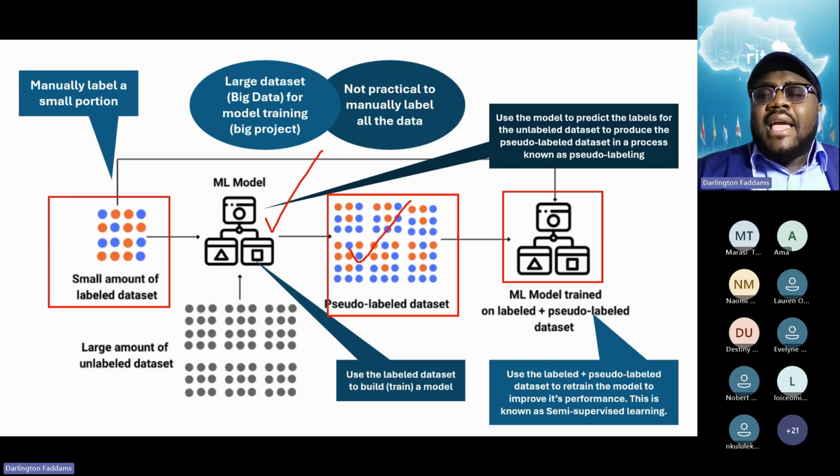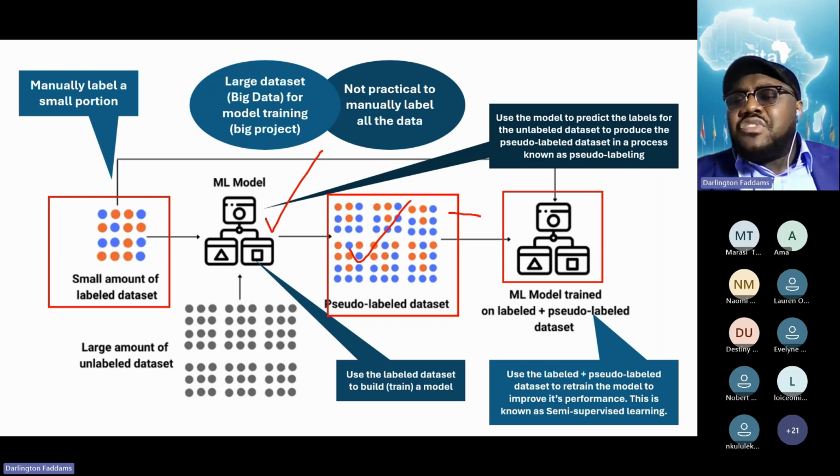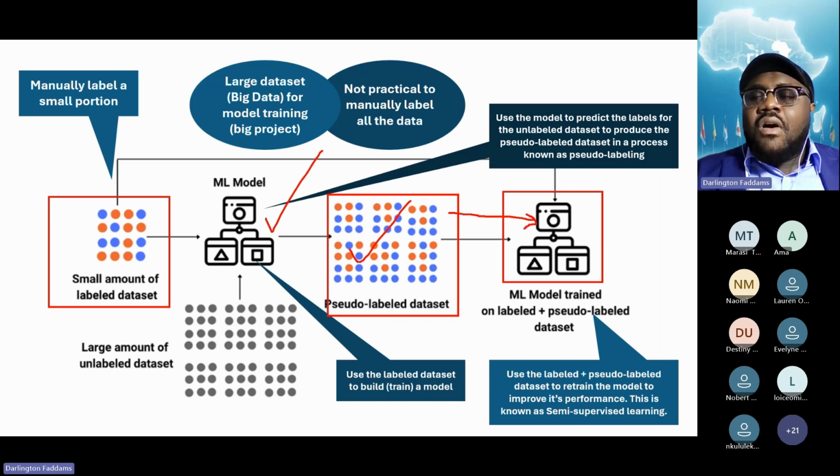We combine them and we use all of them to now train the model or retrain the model or fine-tune the model or improve the model. At the end of the day, the model has now become super intelligent and it can now classify 100% cat and dog. At least, let me just say 100% for now. Unlimited training.